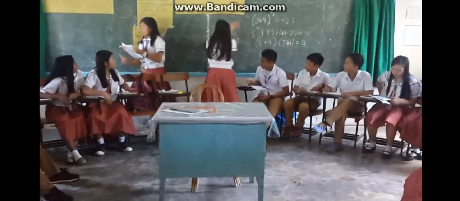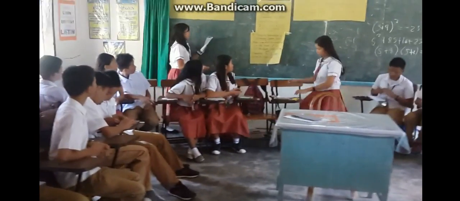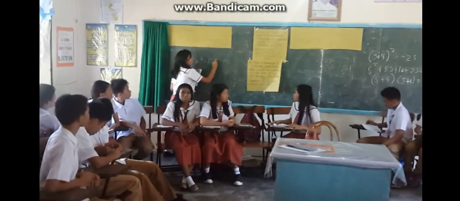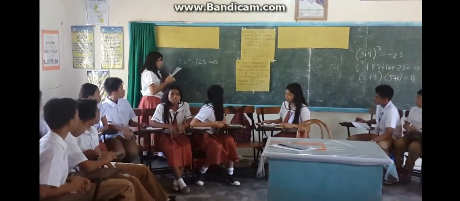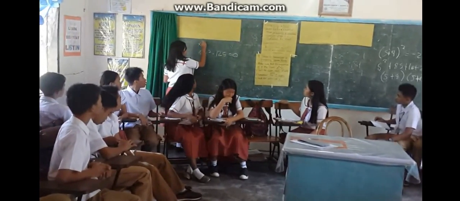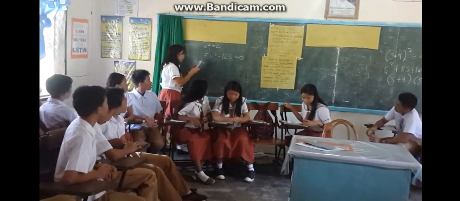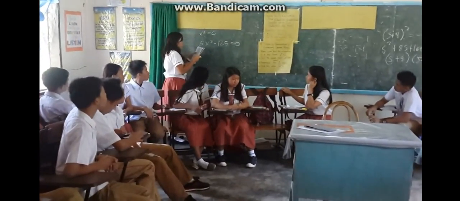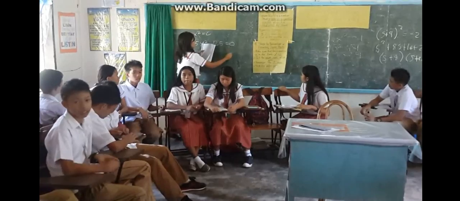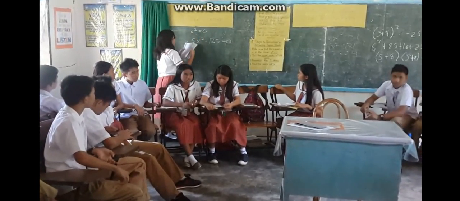For another example, we are given 5x squared minus 125 is equal to 0. Okay, this is the given. We need to follow the form of x squared is equal to c. We need to make the 5x squared minus 125 is equal to 0 in the form of x squared is equal to c.